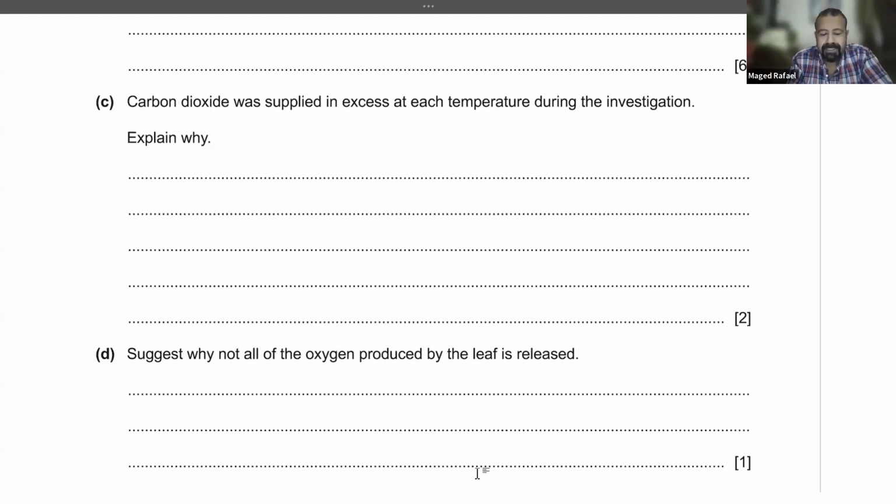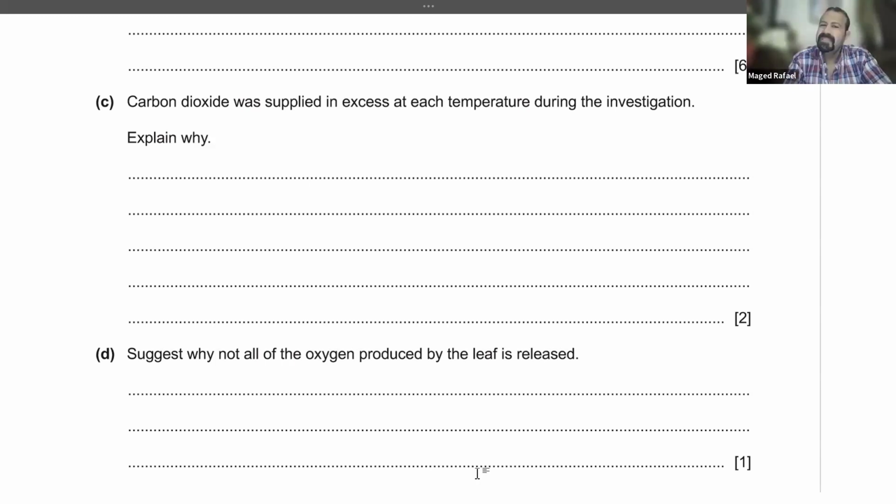So the answer should be related in the carbon dioxide is not a limiting factor, but this part is 1 mark. طب ما أنا عايز كمان أقول to make sure يا عبد الرحمن إنه temperature only is the limiting factor and to ensure إن the effects are caused by temperature. يبقى to make sure إن the effects are caused by temperature, I can definitely write the 2 points دول أقدر آخد بيهم ال 2 marks.